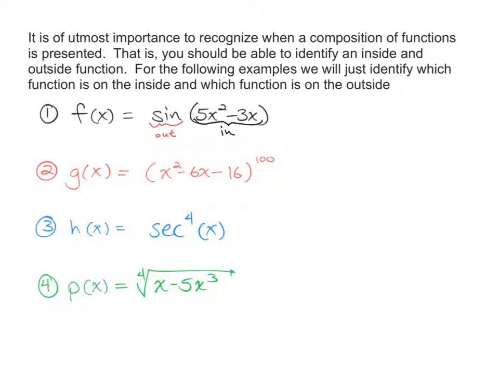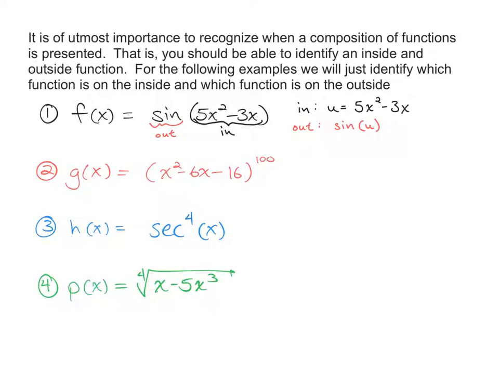And by doing that, we will want to set the inside equal to u. So u equals 5x squared minus 3x. And what we will have on the outside then is the sine of u.